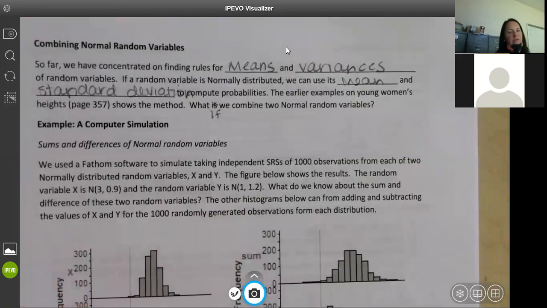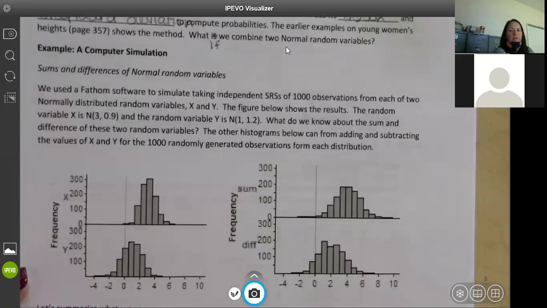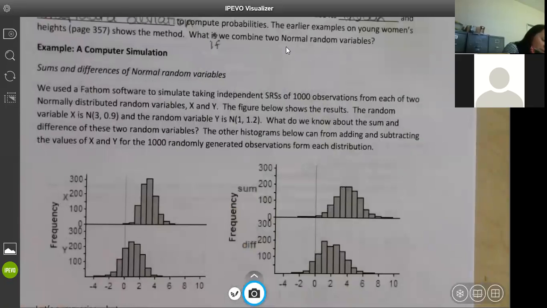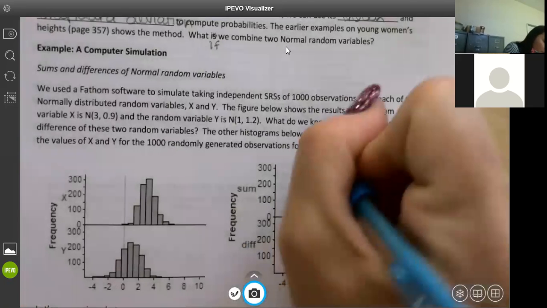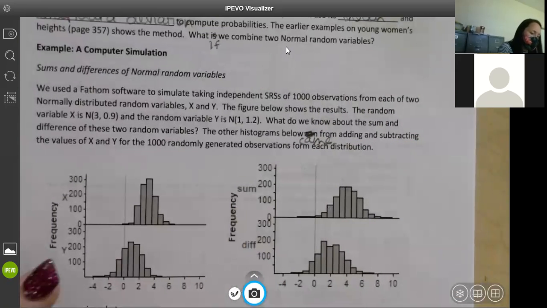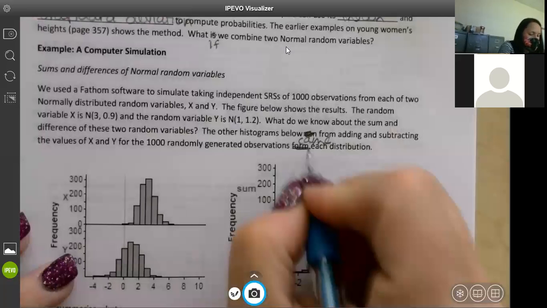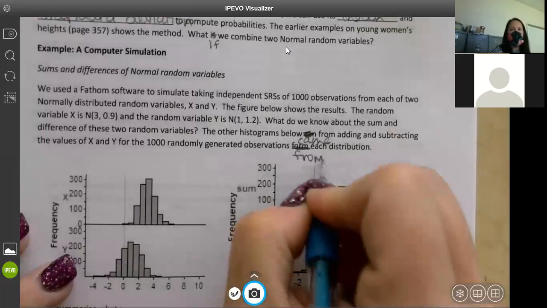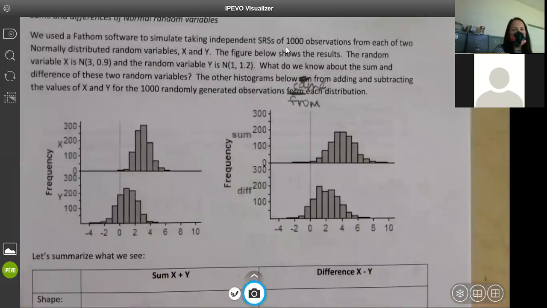What do we know about the sum and difference of these two random variables? The other histograms below came from adding and subtracting the values of X and Y for the 1,000 randomly generated observations from each distribution. All right. So here are our plots.